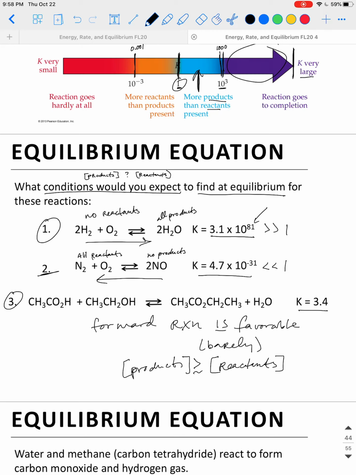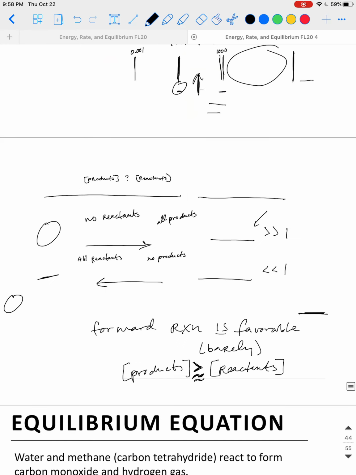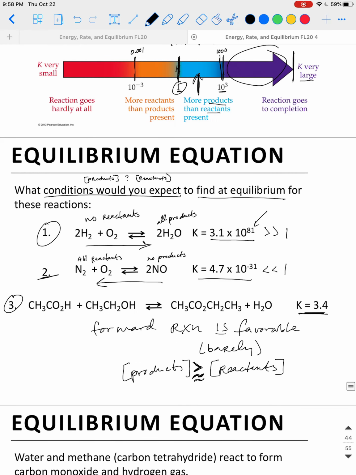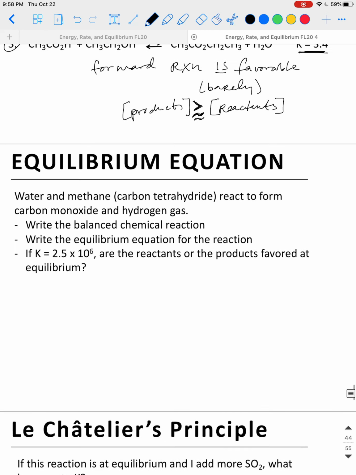They in fact are kind of similar. So you can put that little squiggle underneath it to indicate that they're kind of similar, but barely the concentration of products is greater, because K is a value that's very close to 1. It's between 1 and 1,000.